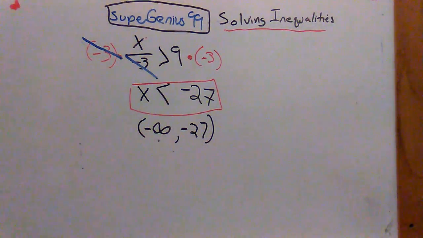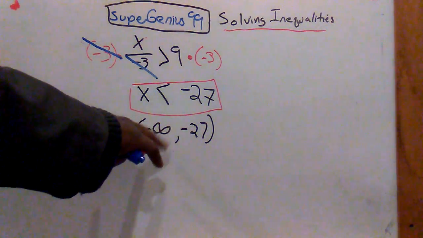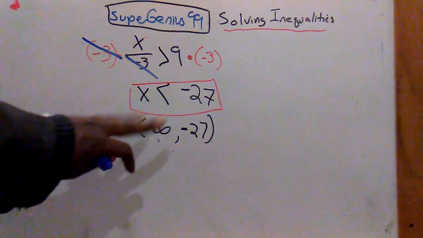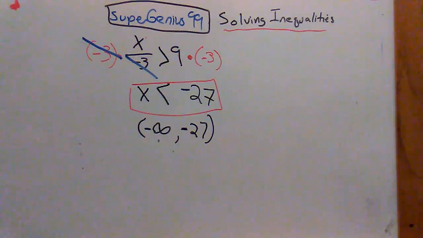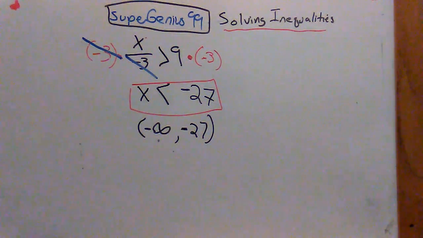So you got negative infinity, comma, -27. Remember, infinity is not a number. It's just a concept that a number is heading in that direction. So that means we're heading in the direction. We can keep on going in negative numbers until we get tired, and it'll still be a solution to this problem. Okay. So that's our set notation, and let's graph this.